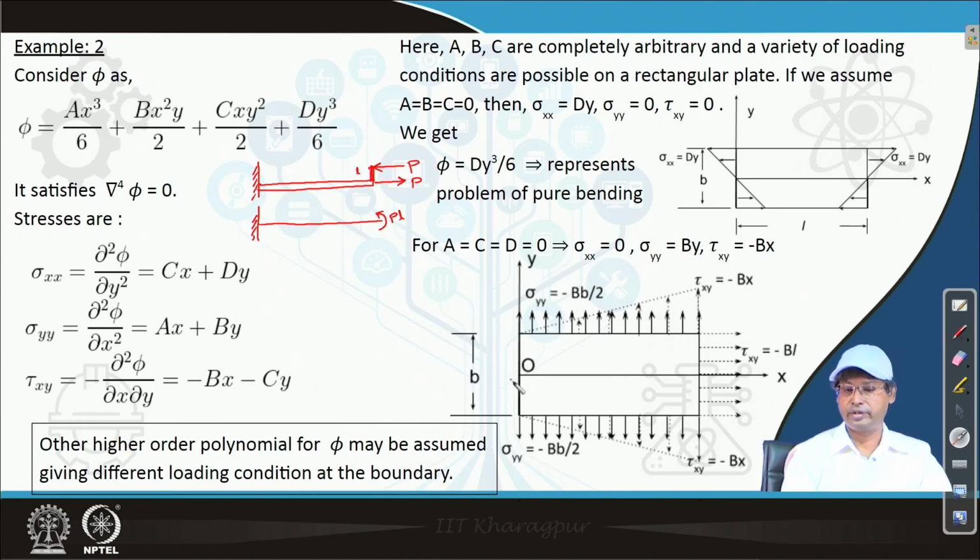If you look at sigma y, which is B y, at a distance b by 2 the amplitude is capital B multiplied by small b by 2, and on the other side it is minus.